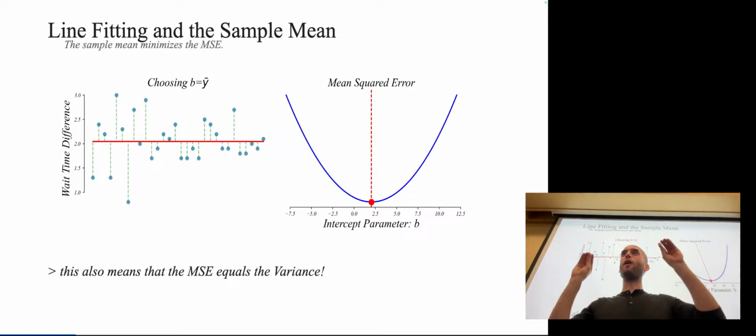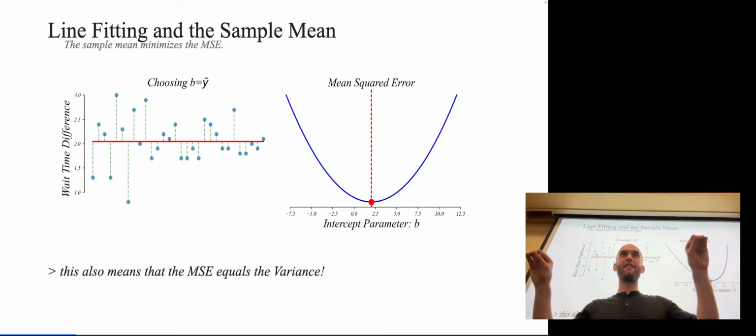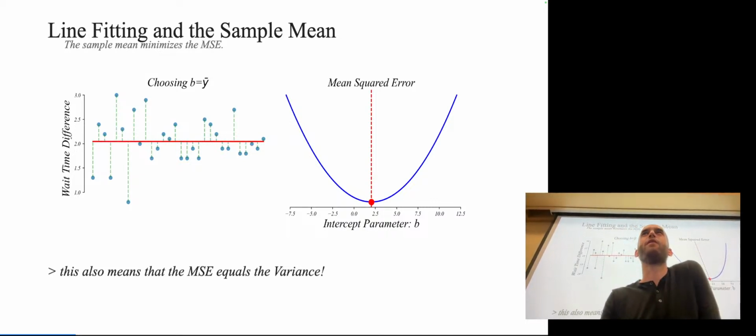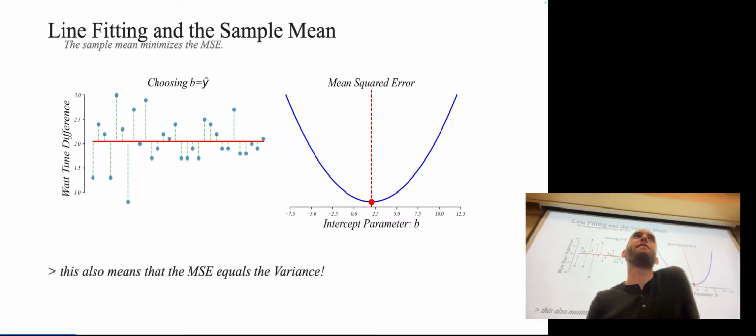If you think back to our definition of variance, we take each data point, subtract off the mean, take the square of that, and then take the average. That's variance, and it turns out that's exactly equal to mean squared error with the intercept model. So mean squared error in this case is the same thing as variance.